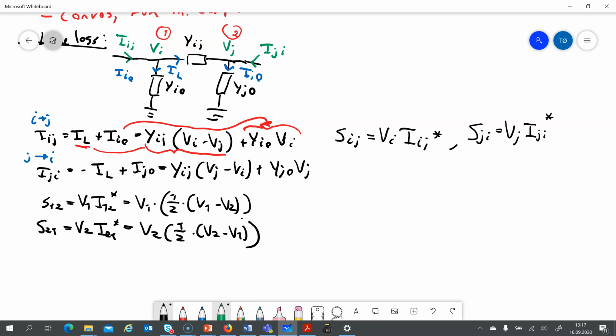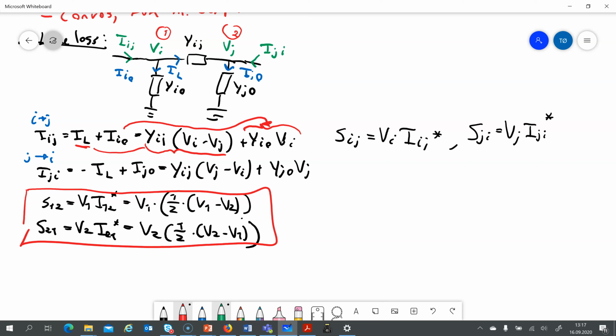So of course the computer program will calculate this for all of the nodes in the system, so you can have the line losses both for active and reactive power. And if you have the complex power, you can just take the imaginary and the real value of this.